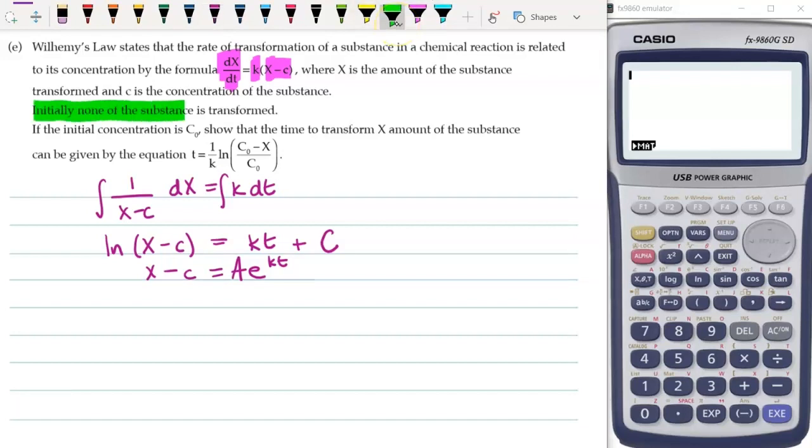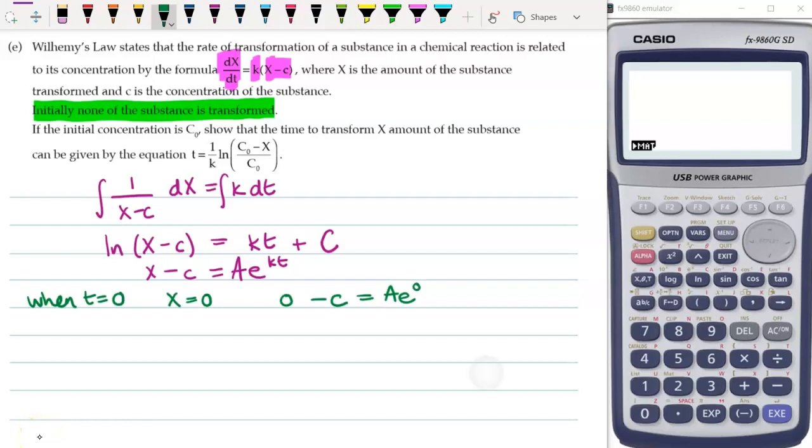Now let's use this bit here. At the beginning, none of the substance is transformed. So when t is 0, x equals 0, so we get 0 minus c is equal to A e to the k times 0.